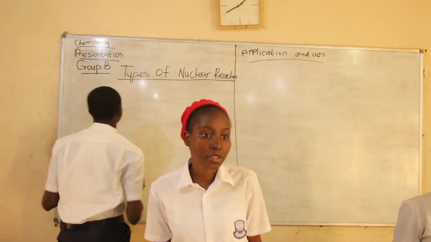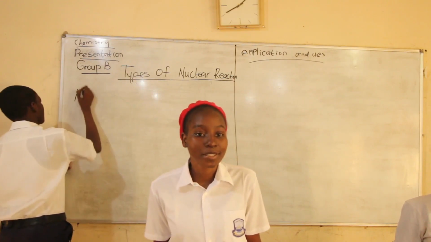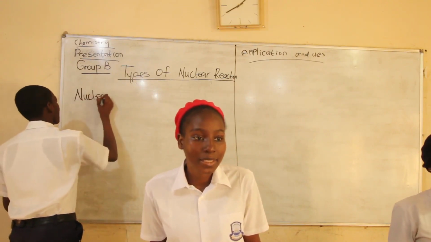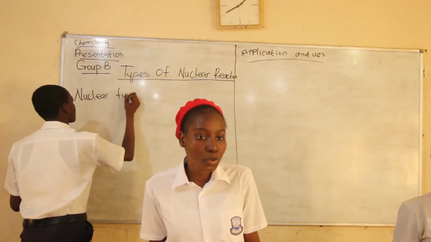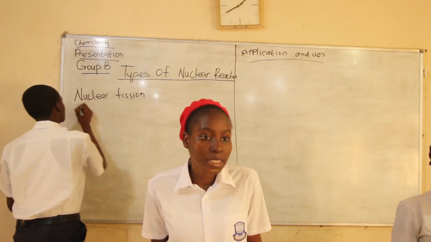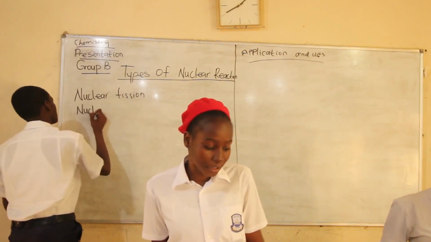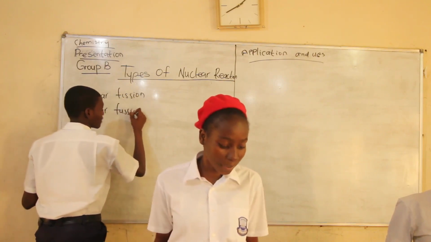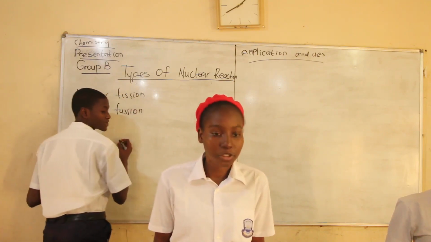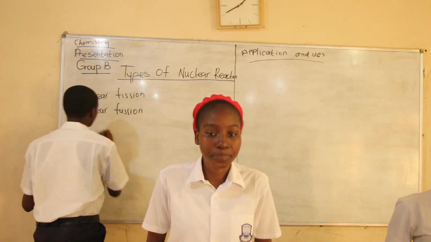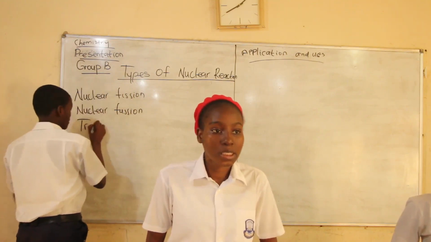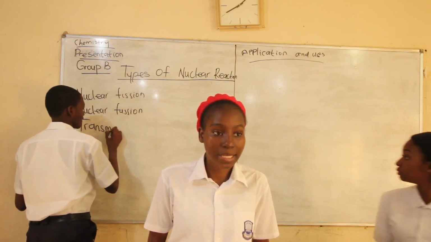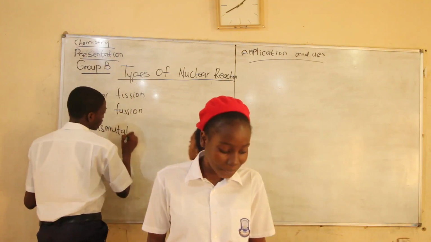What is nuclear fission? Nuclear fission is a process in which a heavy element is split into 2 equal masses with a release of energy and radiation. In 1939, German scientists brought about nuclear fission by bombarding uranium with neutrons traveling at a moderate speed.